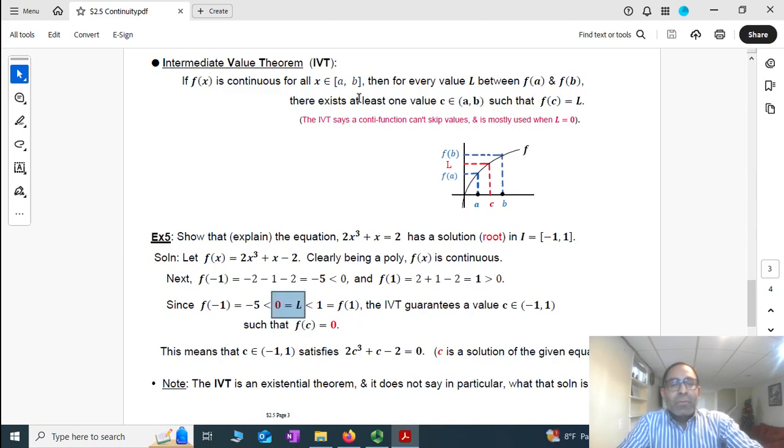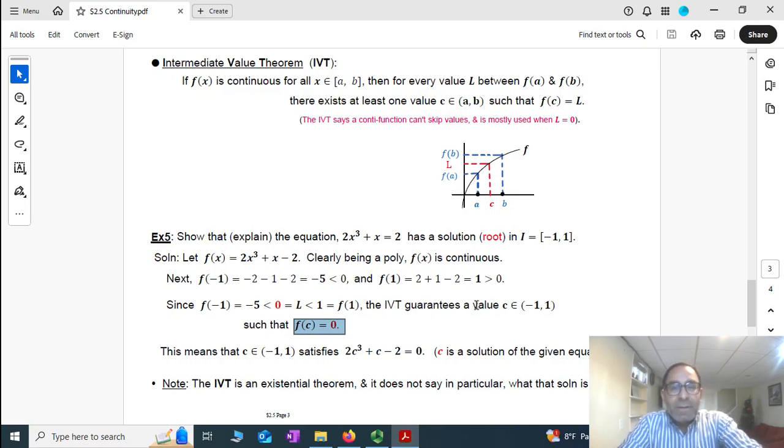Then now we can apply the intermediate value theorem. The intermediate value theorem guarantees that there exists a value c in the open interval (-1, 1) such that f takes that c and spits out the value L, which is 0 in our case. Great.